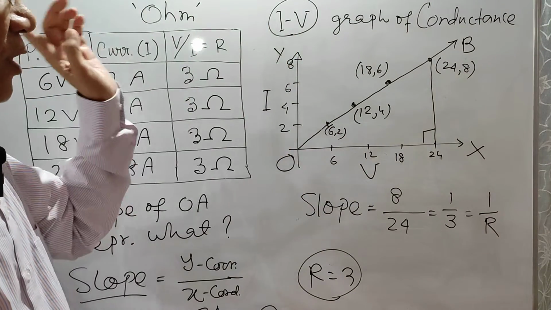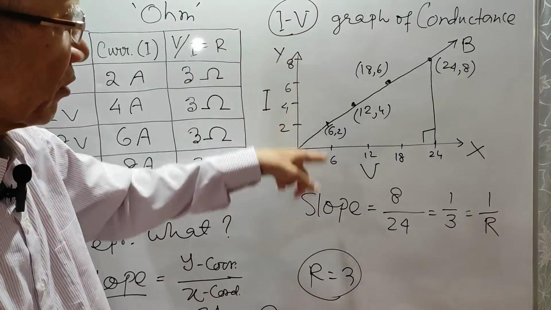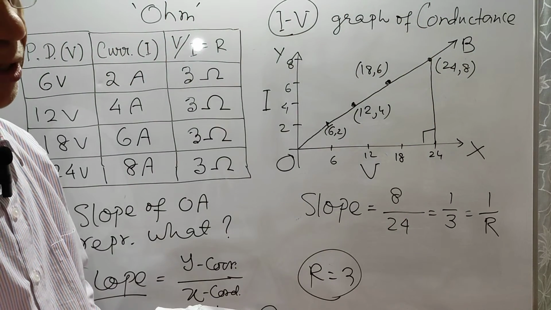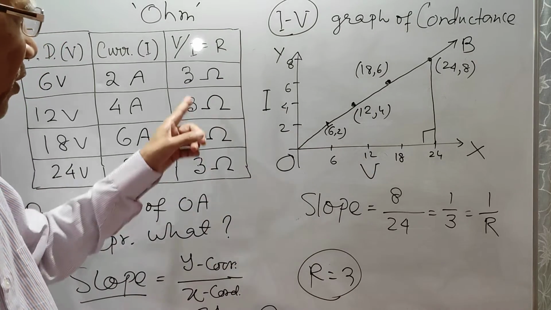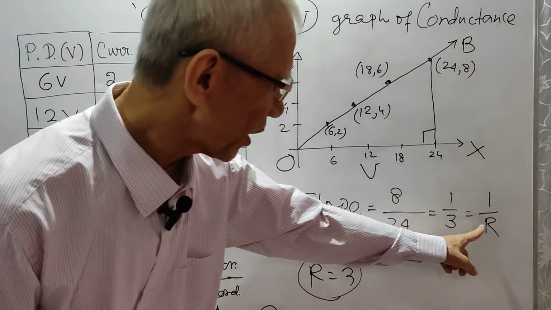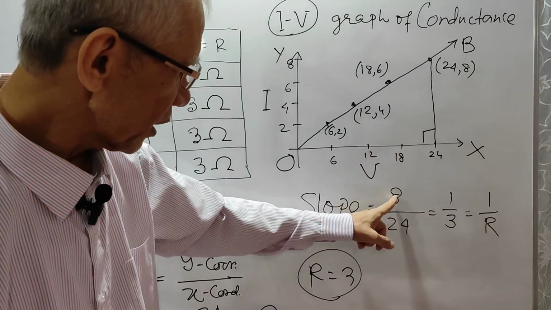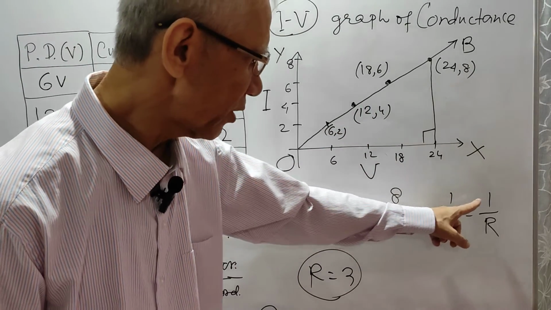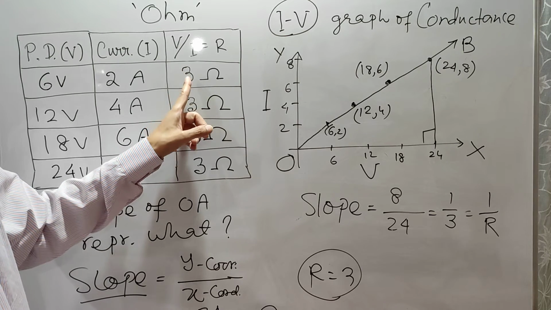So the previous graph was the VI graph of resistance. Now this time it is the IV graph of conductance. Conductance is the inverse of resistance. If resistance is 3, then conductance is 1 by 3. Slope of this graph is 8 by 24 or 4 by 12, and we get 1 by 3, which is conductance.